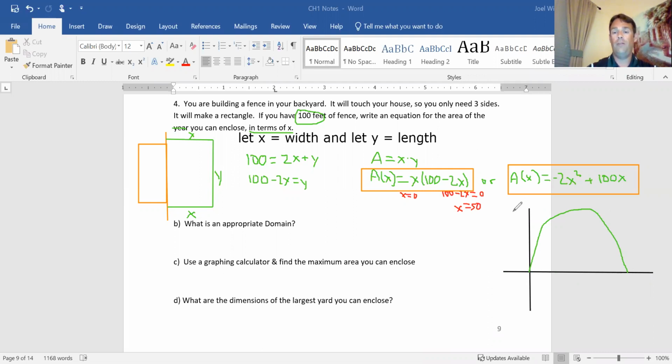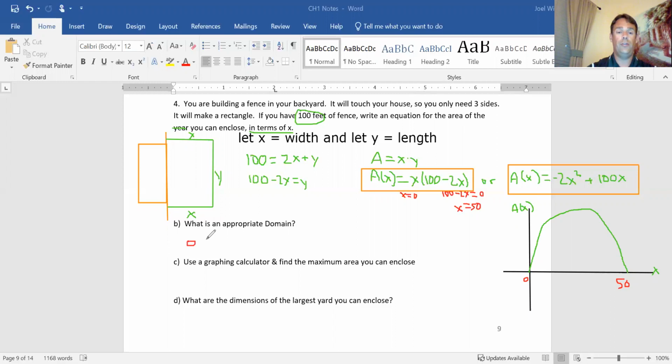This would be my y value, or my area value, and this would be my x value. There's no way I'm going to have an area that is less than 0. So my x-intercepts are 0 to 50, which means my domain is 0 to 50.